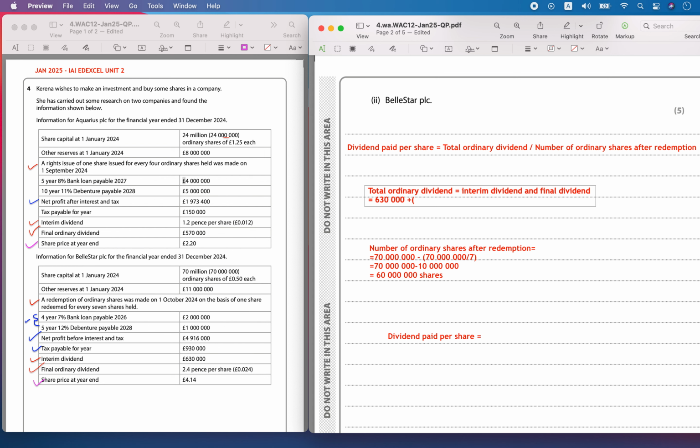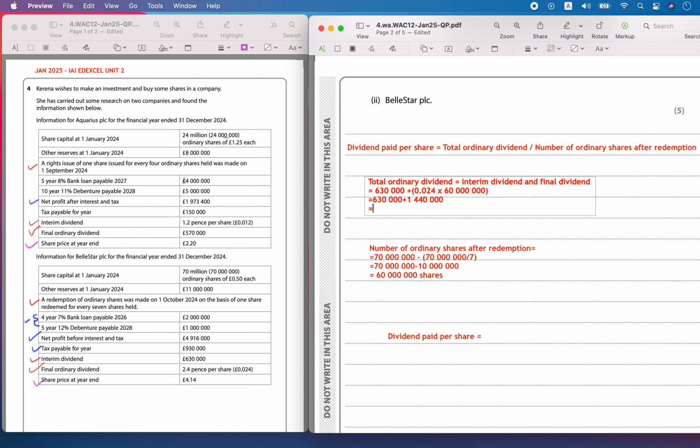Now with this we have to calculate the final dividend that was given. It was 0.024 times 60 million shares. So the total is 630,000 plus 0.024 times 60 million, which is 1,440,000.